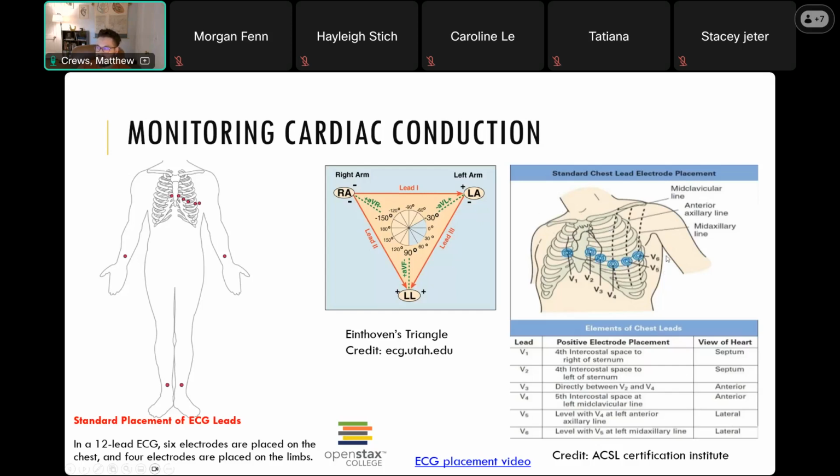So, question. If you're looking at V5, V6, posterolateral, what are you trying to get a picture of? Throw it in the chat. Left ventricular, yes, the left ventricle. Okay.